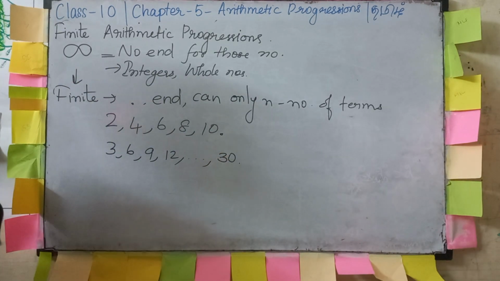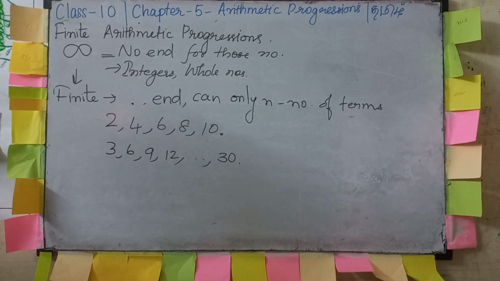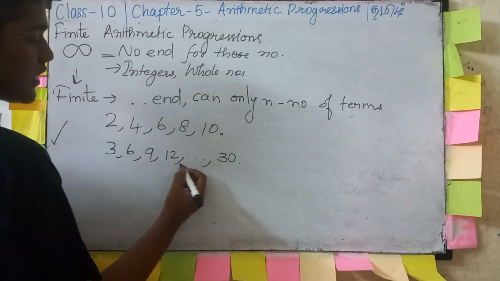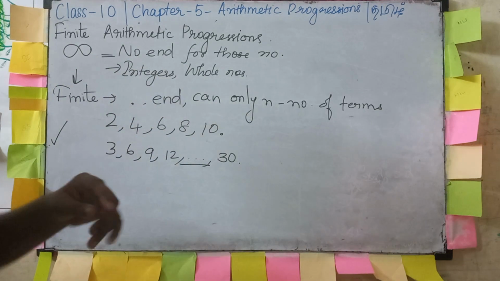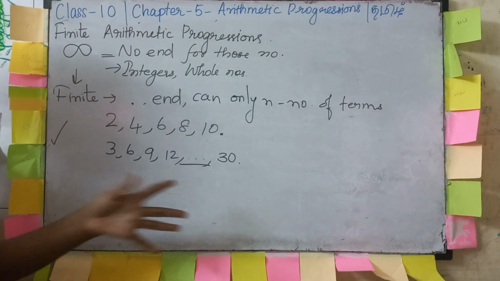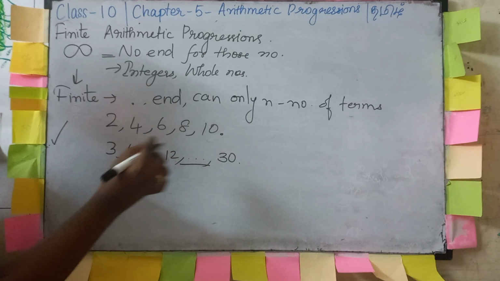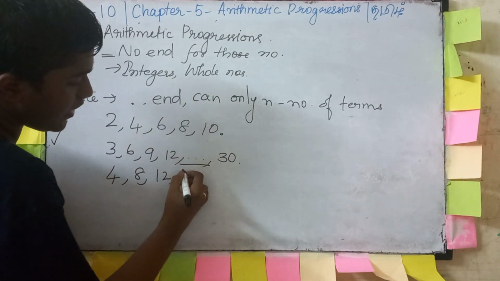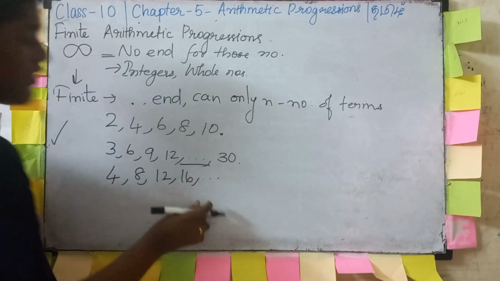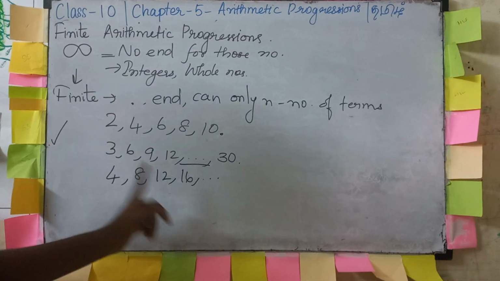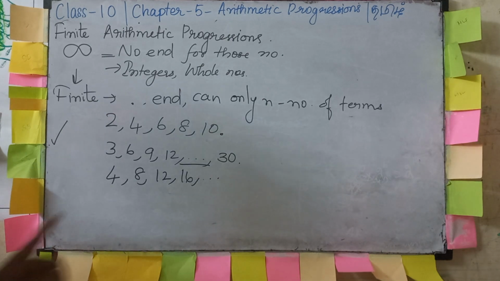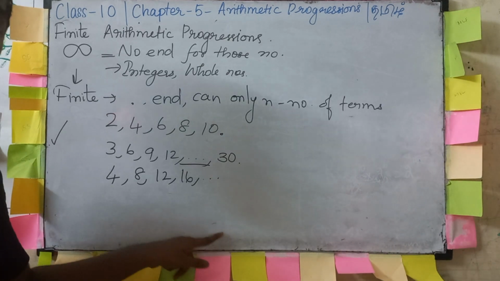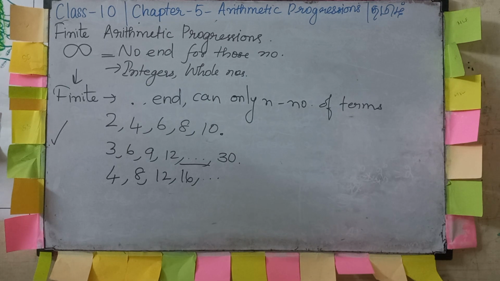Can you tell this is a finite arithmetic progression? Yes, because it follows the rule and it ends at 30. Let's see another example: 4, 8, 12, 16 and it goes on. Can you tell this is a finite arithmetic progression? No, because this doesn't have an end. So this is the difference between finite and infinite progressions.